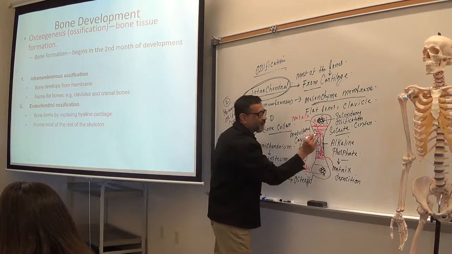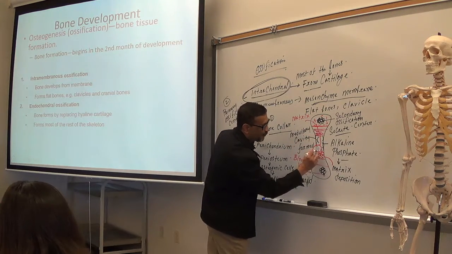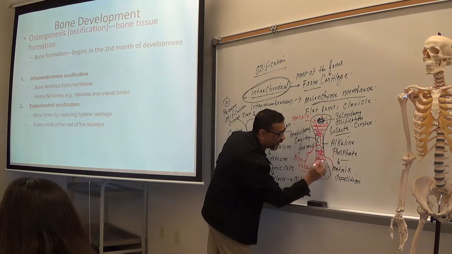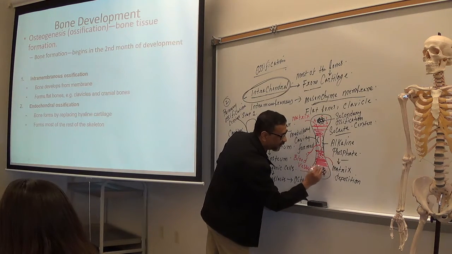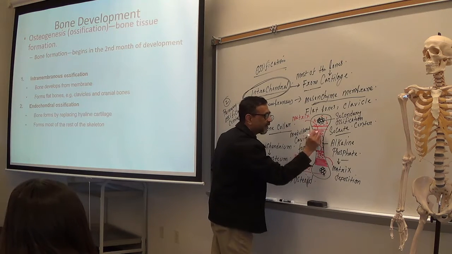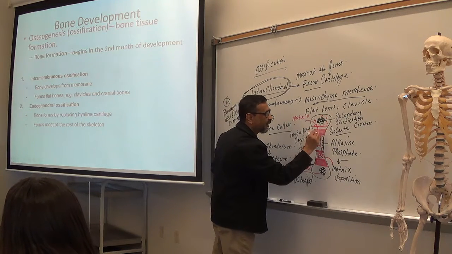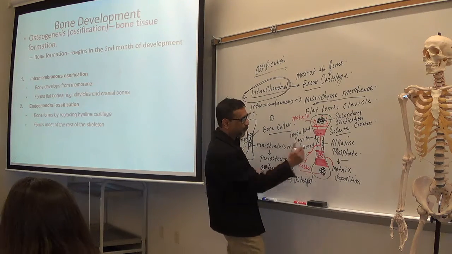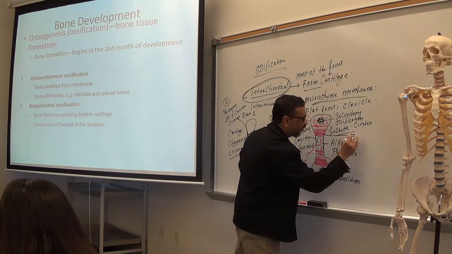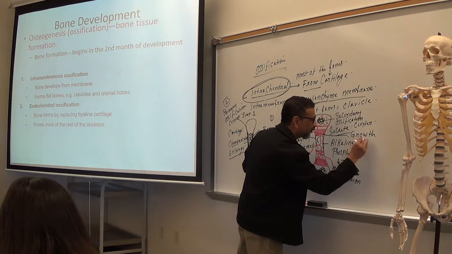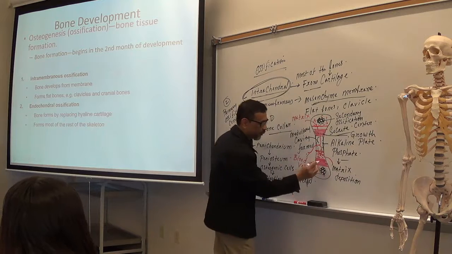And this part, the part between this and this is called the growth plate, the cartilage. That is the growth plate. Probably you have heard this word. This is called what? Growth plates at both sides. Growth plate. This one too.